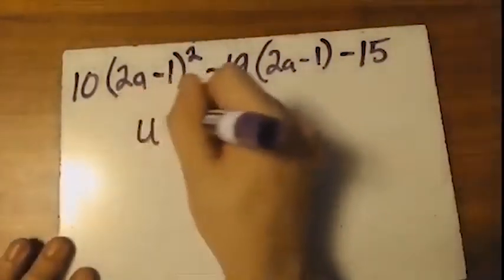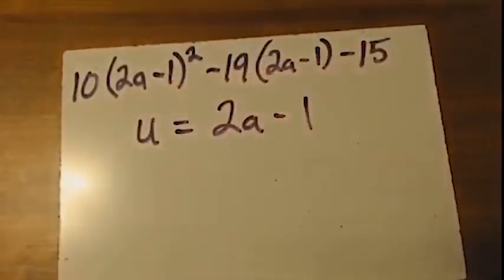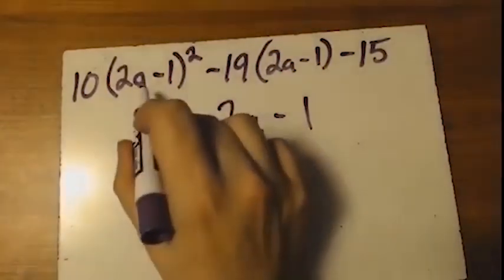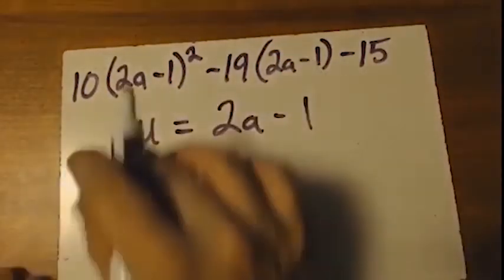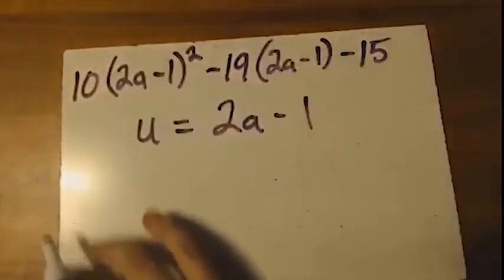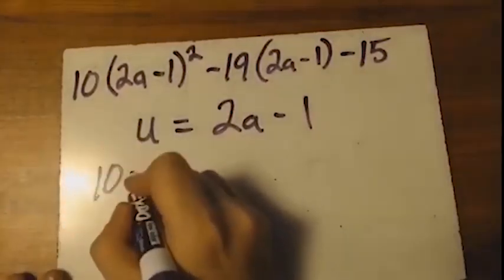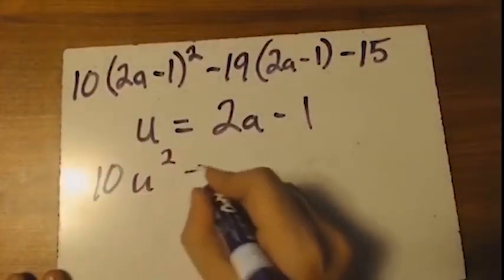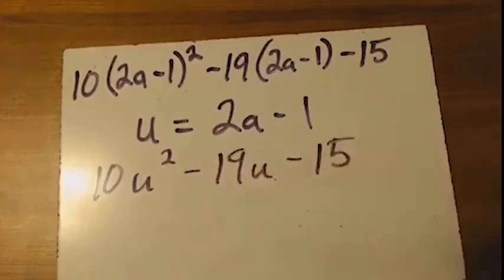What if we said, let u equal 2a minus 1? Then, instead of having the big long thing squared and having to multiply through and simplify and factor, now we just have 10u squared minus 19u minus 15.